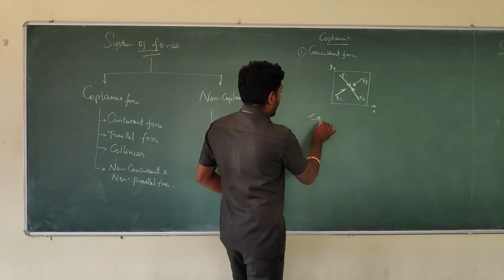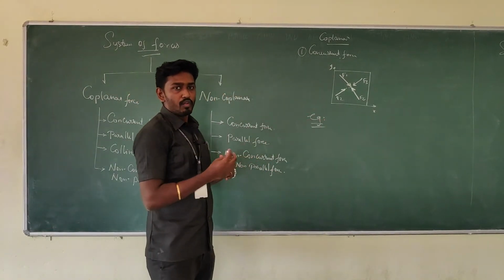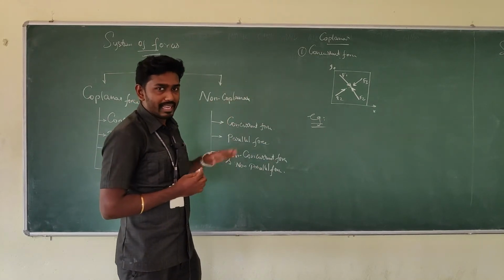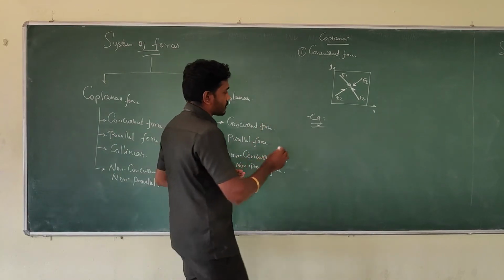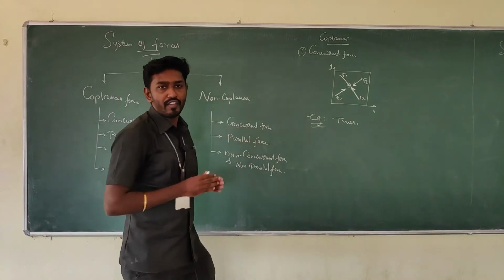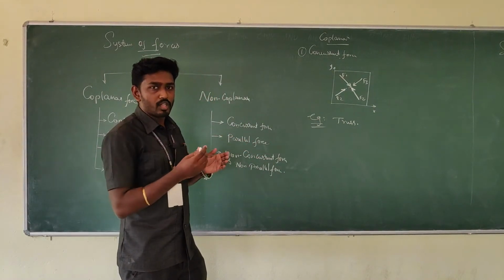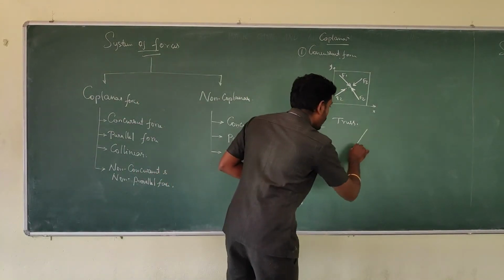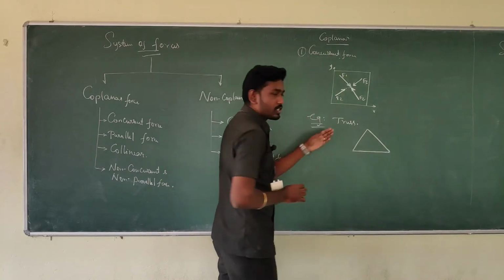I can give an example for this concurrent force so that you become more familiar with it. The best example for concurrent force is a truss. When you are roofing with metal sheets, in order to support the roof, they use a structure called a truss.